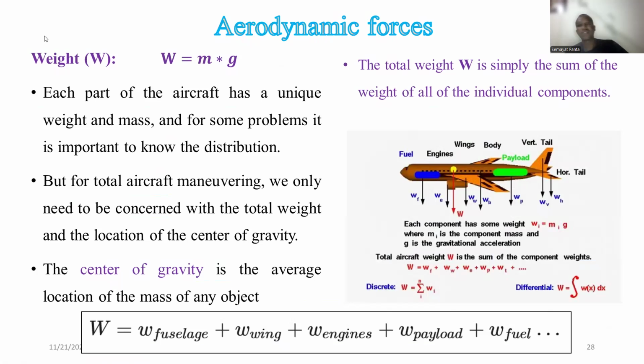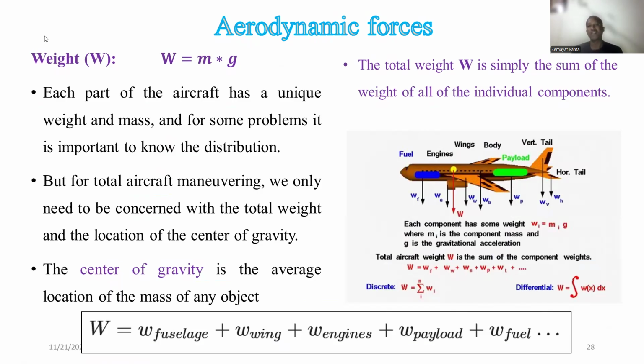Weight is the force which is mass times gravity. Each part of the aircraft has weight and mass, and for some problems it is important to know the distribution, especially for weight and balance purposes.